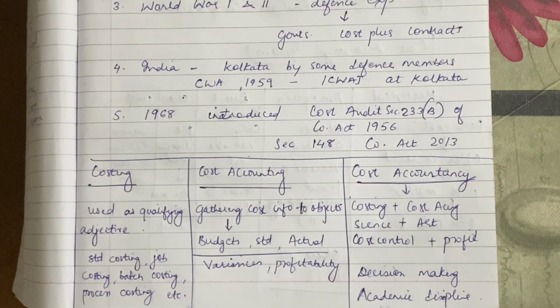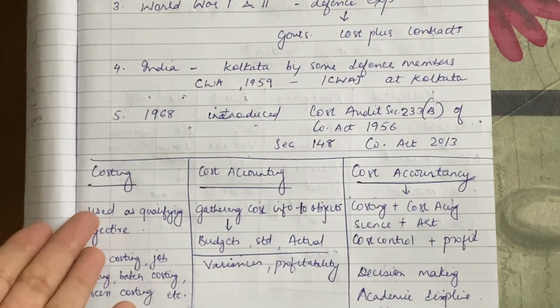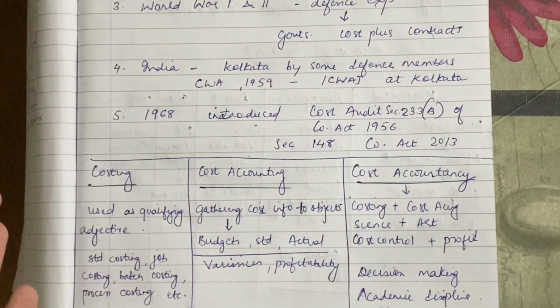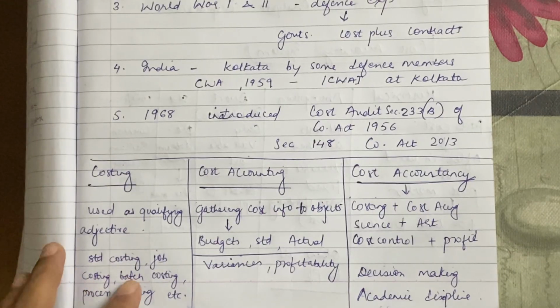Just as we say this is a beautiful scenery, a warm scenery, a wonderful scenery, those words are adjectives. In the same way, the word costing is used with a qualifying prefix, like standard costing, job costing, batch costing, process costing.